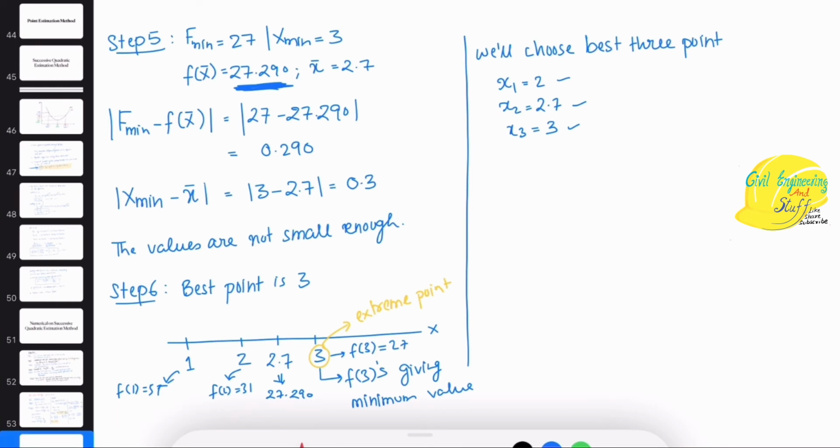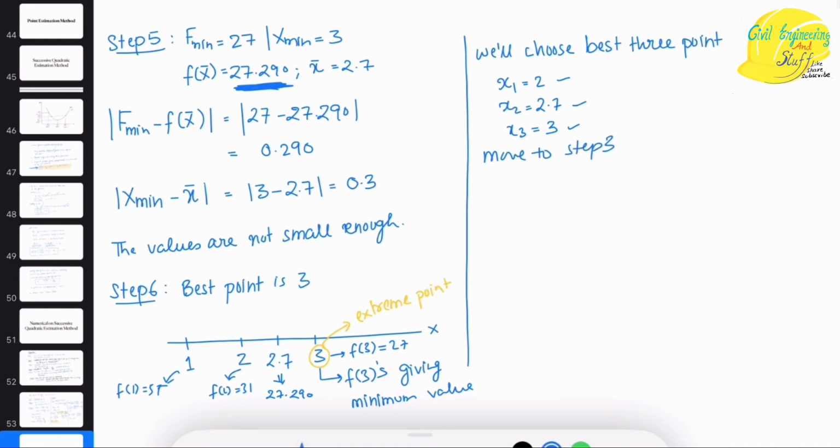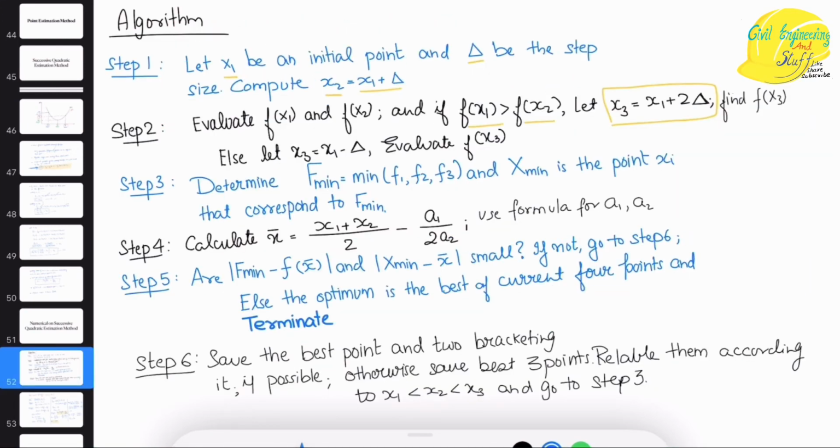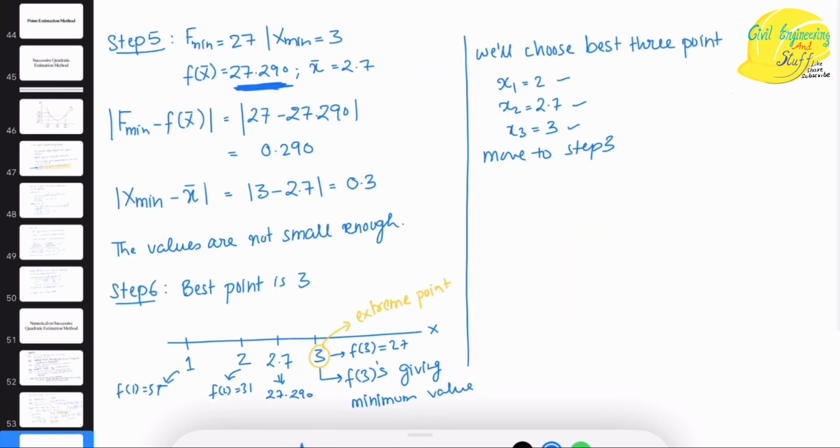First of all, we will move to step 3. So let's start with iteration number 2.